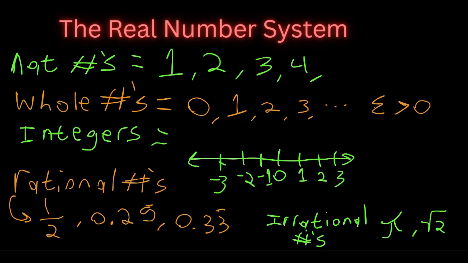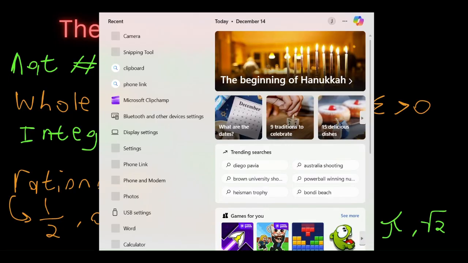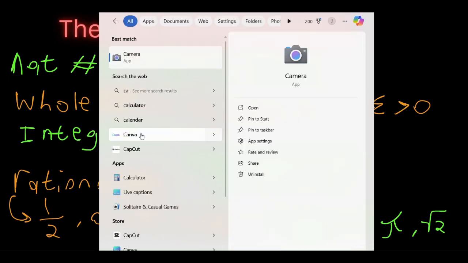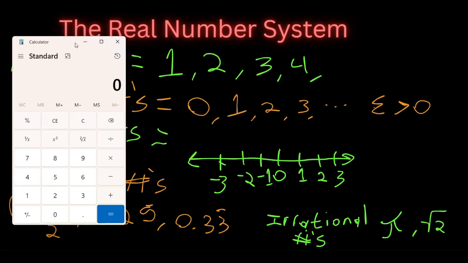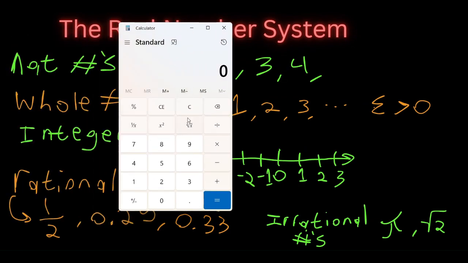If you punch in the square root of 2 on a calculator, you are going to get a number which will go on forever and ever. You can't get precise enough.